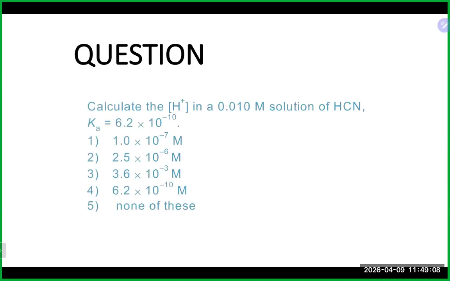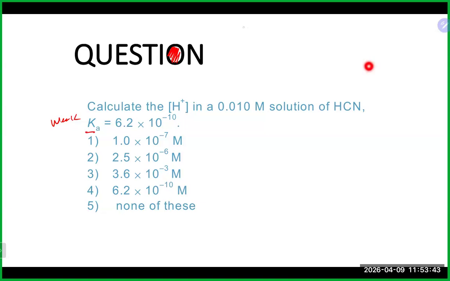All right, try another one here. What is the H plus concentration of the HCN solution with a Ka value of 6.2 times 10 to the minus 10? All right, so let's take a look again. Ka value given to us, so definitely weak.